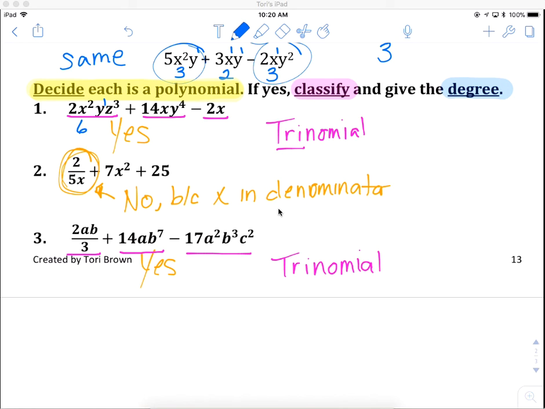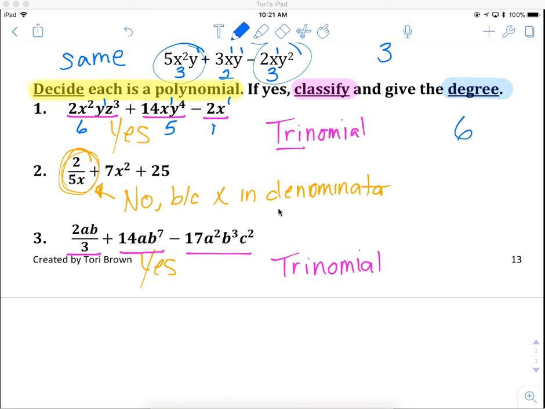That's going to make 6. The middle one, we have a 1 and a 4. That makes 5. Last term, we just have a 1. Obviously, the highest number in there is our 6, so that is our degree answer. That's the degree for the whole polynomial. Number 2 doesn't have a polynomial at all, so we don't answer that question.